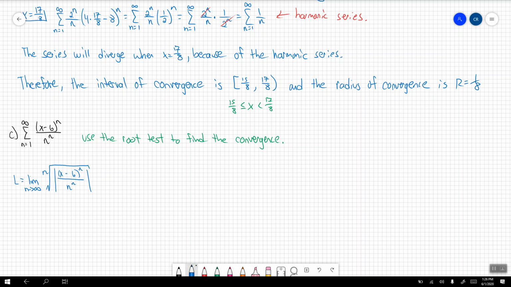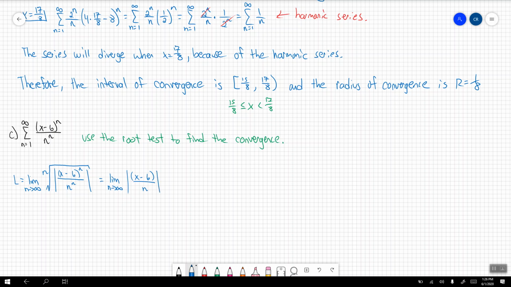Now let's apply that root. We get the limit as n tends to infinity of the absolute value of x minus 6 divided by n.